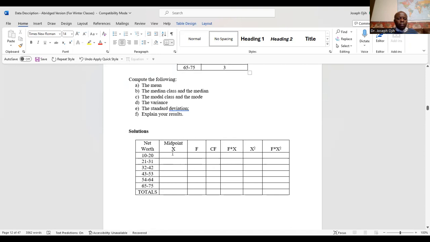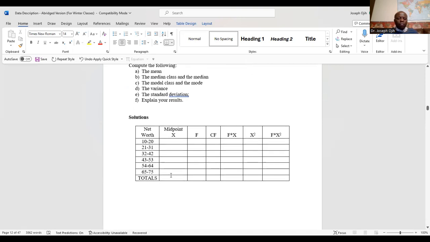All right. So the first thing is to get all these numbers here. Once you get them in, you can answer all these questions. So first is to find the midpoint.